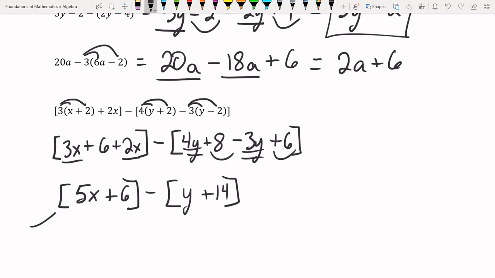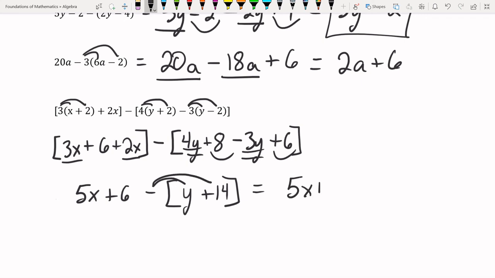Now, these parentheses in front, or these brackets in this case, they don't mean anything because there's nothing written there. It's equivalent to just saying it's a positive 1, which doesn't change anything when you distribute it. So we can actually just drop the brackets. The next pair, however, we need to distribute the negative into there.